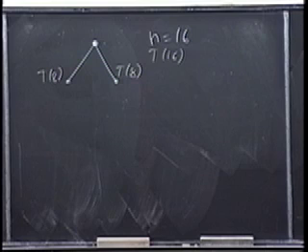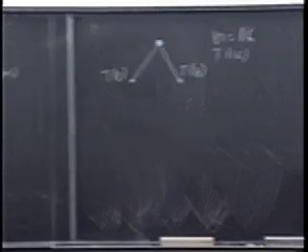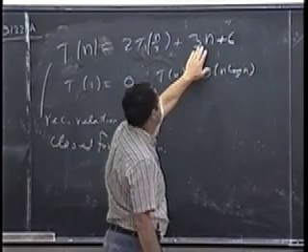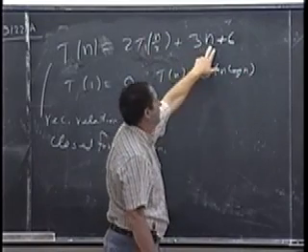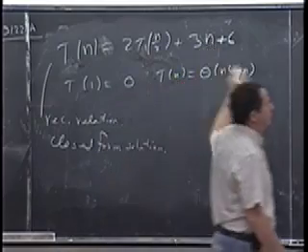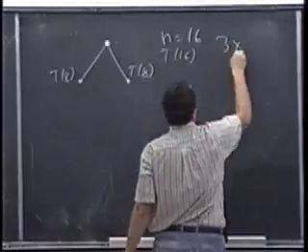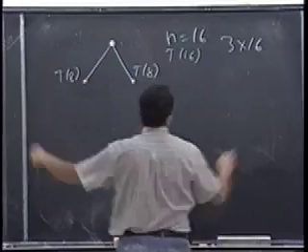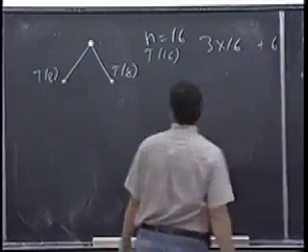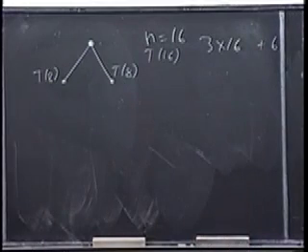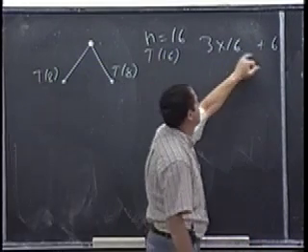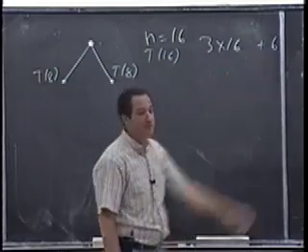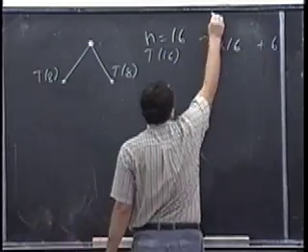But what's also happening is that you're accumulating in this recurrence relation 3 times n, so that's 3 times 16, plus another 6. So T of 16 is twice T of 8 plus 3 times 16 plus 6. OK? So here's our running total.